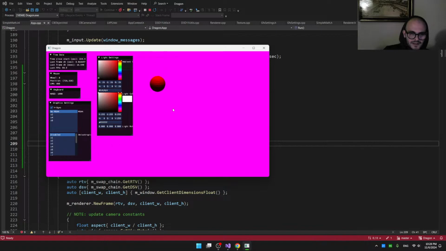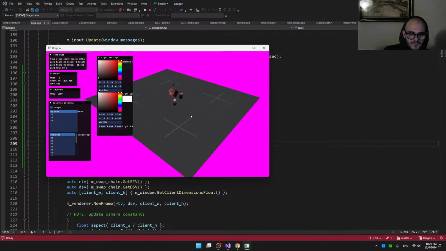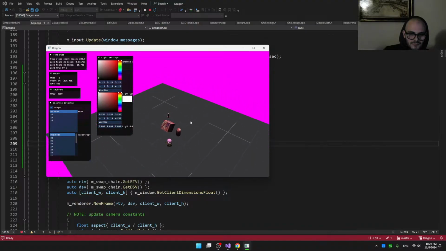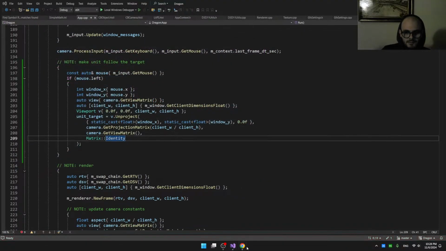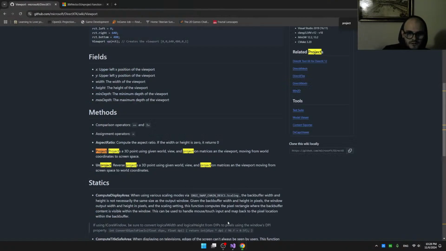Does it even make a difference to simply take the camera position? So Google, help me.